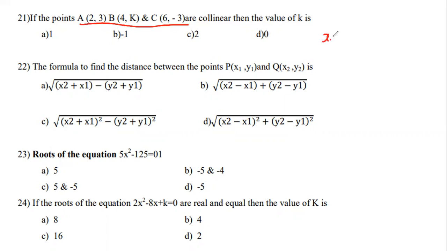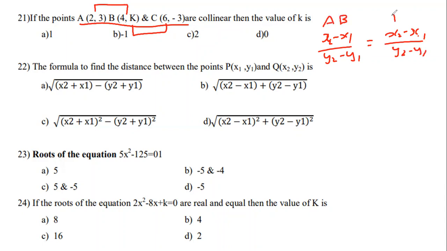The slope formula is y2 minus y1 divided by x2 minus x1, which equals. I will first group this one. Next I am grouping this line. Again here also I will take the same formula. This is for AB and this is for BC.